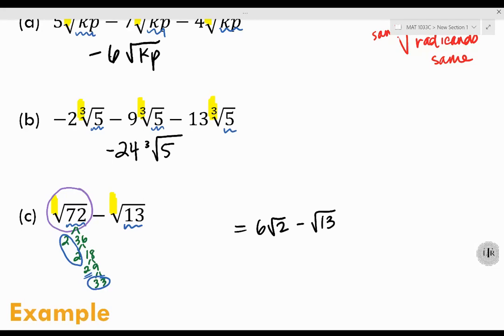I could have looked at it like this: square root of 72 is 2 times 36. If you know your perfect squares, you know that 36 is a perfect square. The square root of 36 is 6, and the 2 would have had to stay behind. If you're good with your numbers like that and you easily recognize it, go ahead and do that. You don't have to continue to break it down into primes the way that I did. It's just that some people don't easily recognize that, and breaking it down into primes always works. You pull out the groups and multiply them together. So I just wanted to show you guys that.